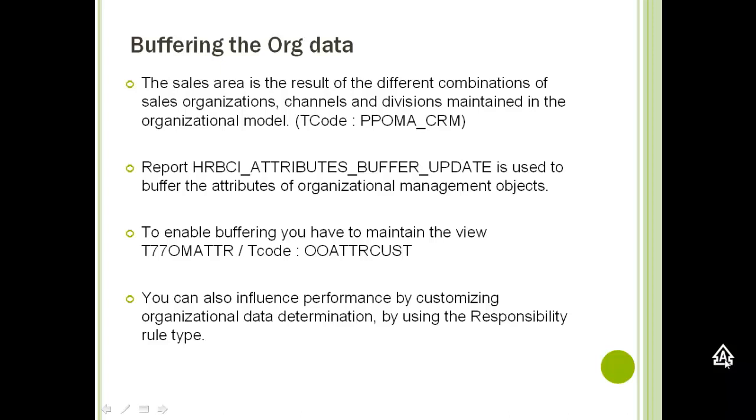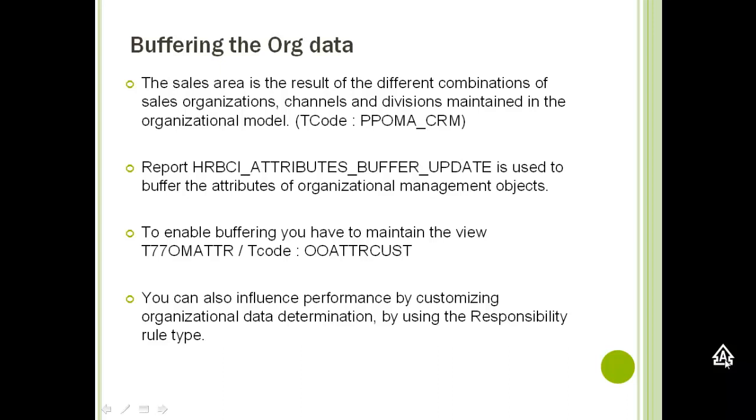Whenever you change anything in the org model attributes, you need to update the sales area data, like when you have maintained a different combination of the distribution channel and division and you want that to be available for determination. In that case, unless you enable the object permitted determination checkbox that I showed you in the previous session, and you run the program to update the buffer, you will not be able to see the updated results.